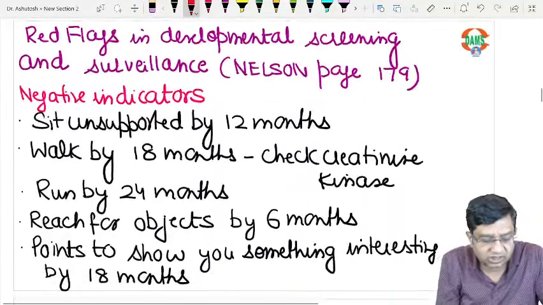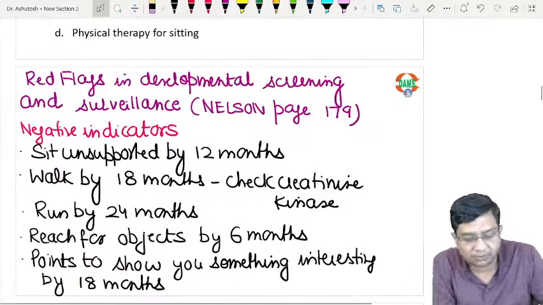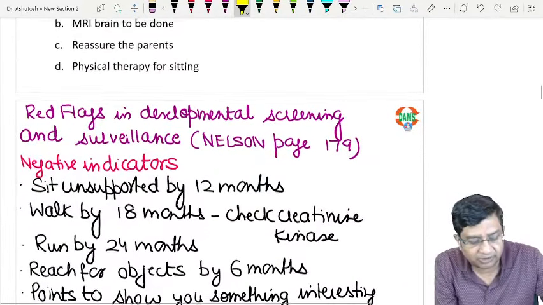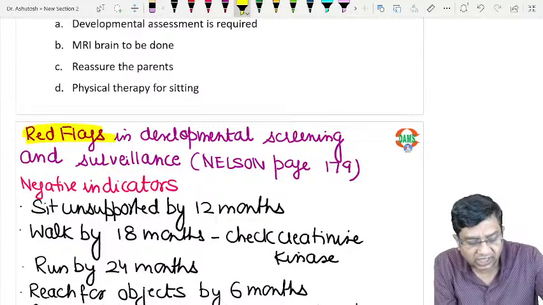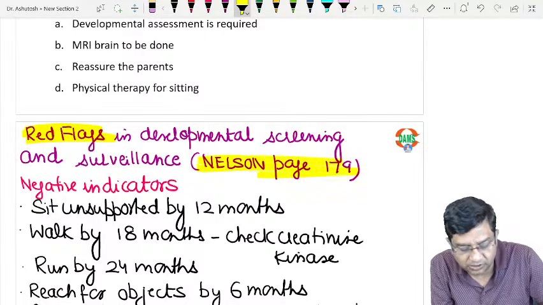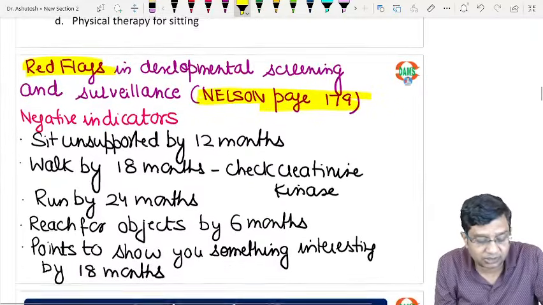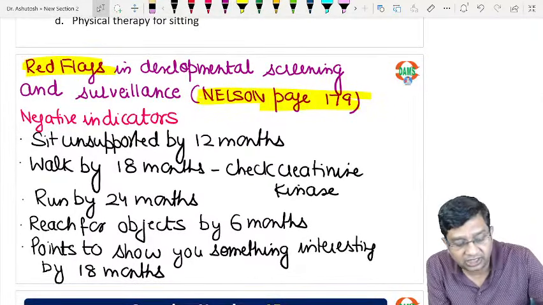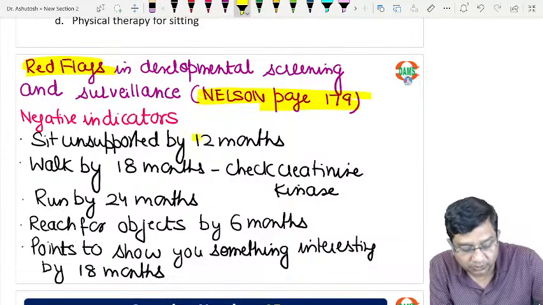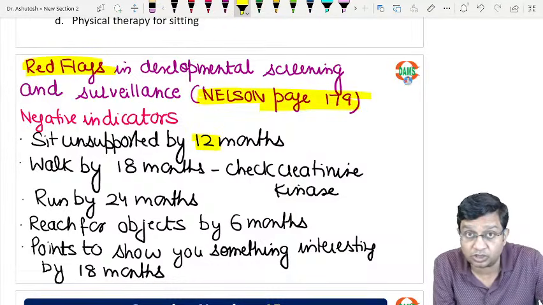Now these are some things you should remember, the red flags in developmental screening and surveillance, and my source is Nelson page 179. I'm not quoting any other guide, I am quoting Nelson page 179. If the child does not sit unsupported by 12 months, then it is a question of worry.